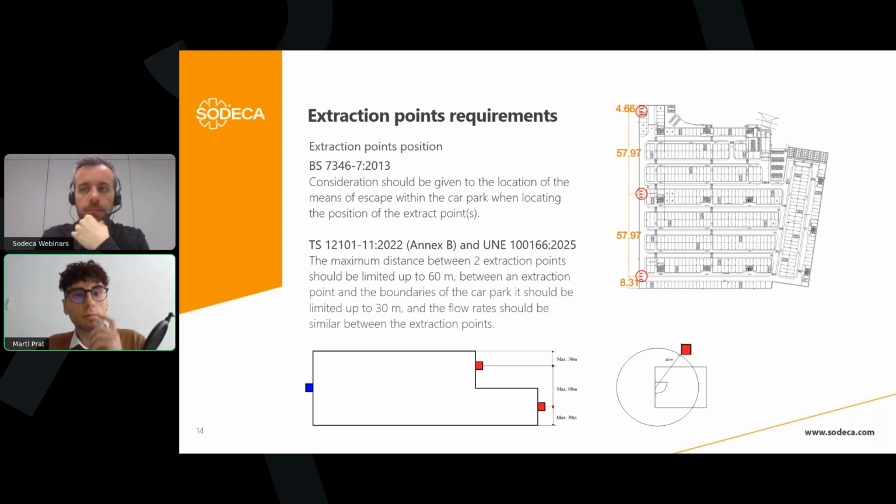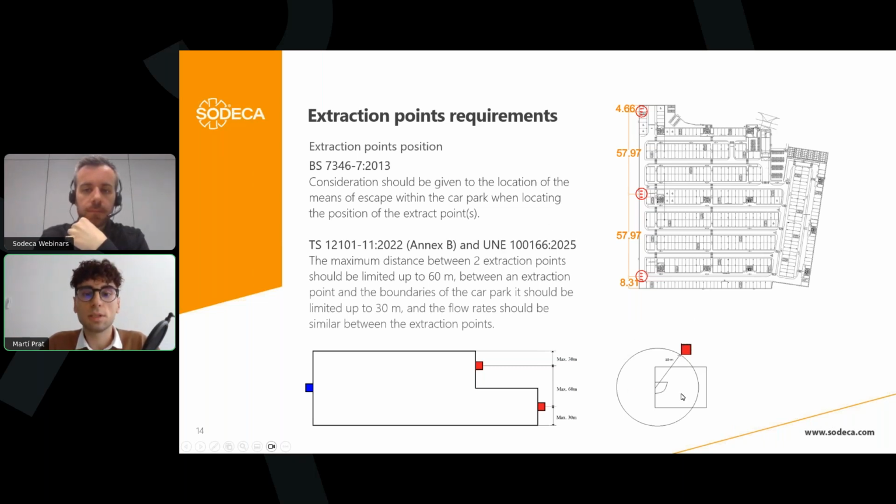For the extraction point positions, the British standard says that consideration should be given to the location of the means of escape within the car park when positioning the extraction points. We can see the picture here. This is in the Spanish standard.